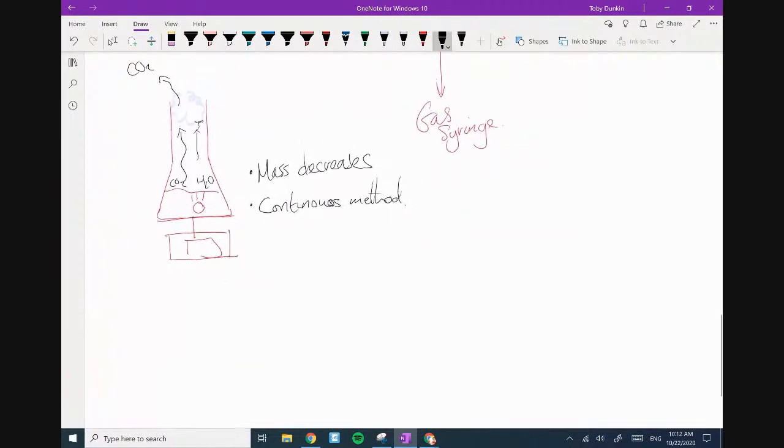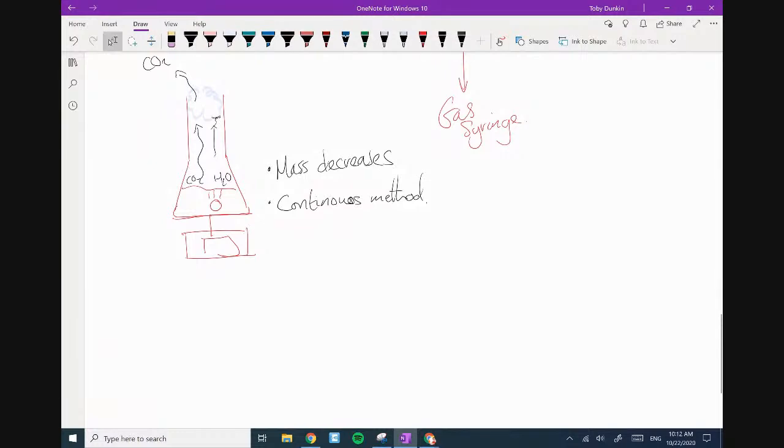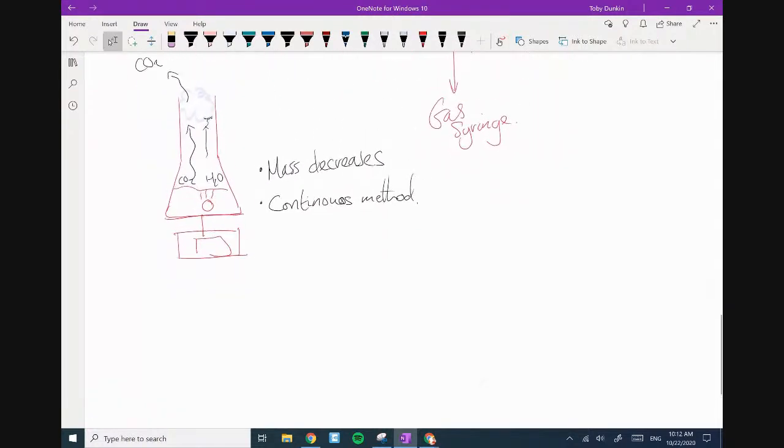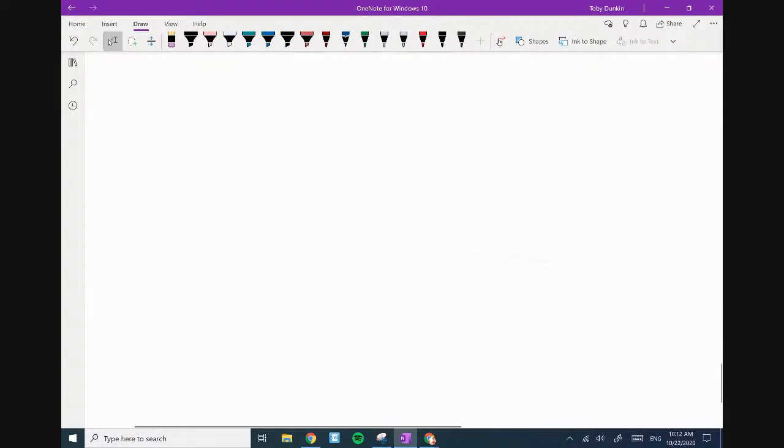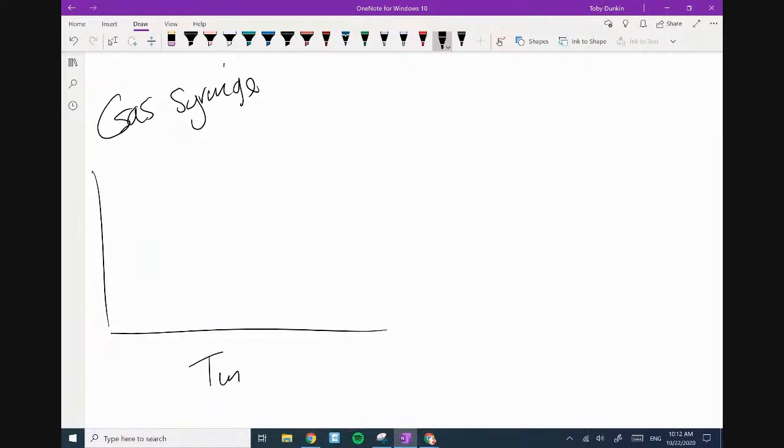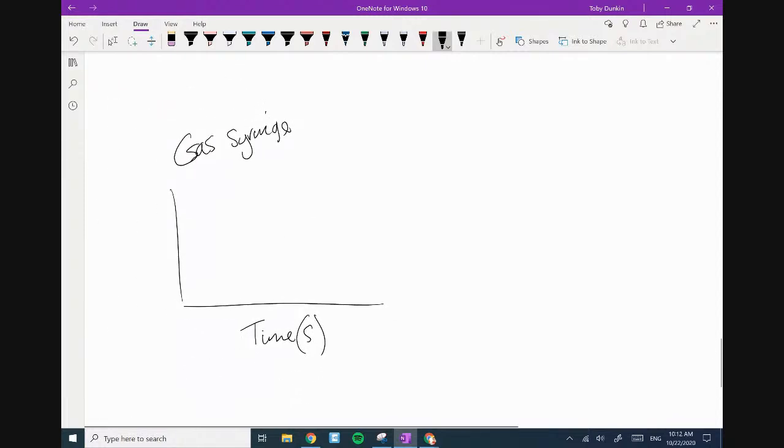The reason why this is a special one and why it's different is because it changes the graph. In the gas syringe one, the graph is very clear. As time progresses, time on the bottom in minutes or seconds, the volume of CO2 is going to give us a lovely increasing graph like that, and there's our rate graph.